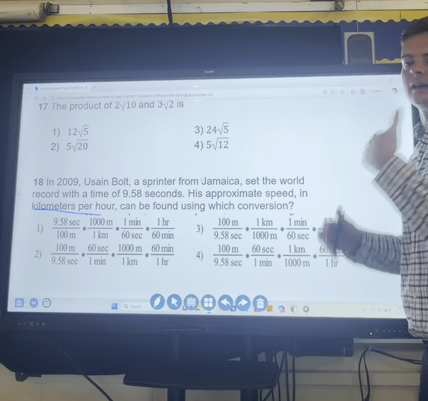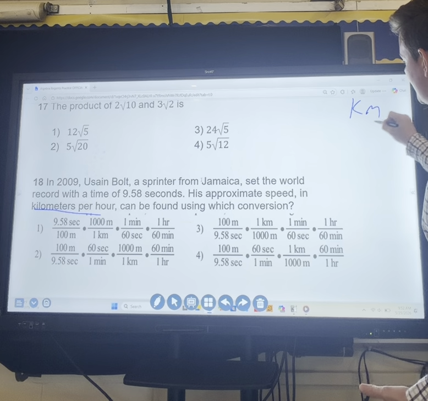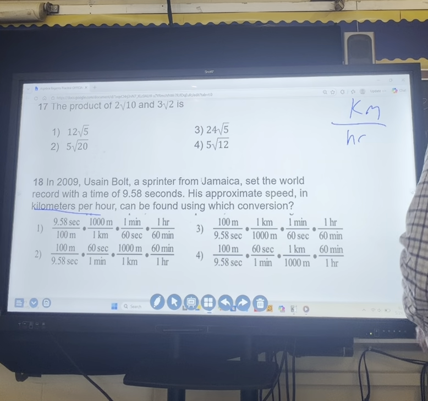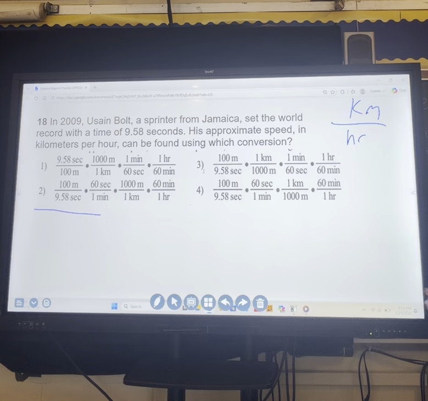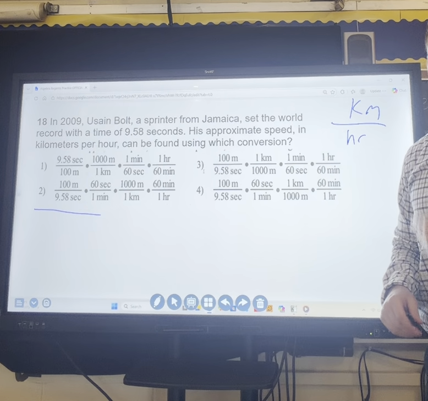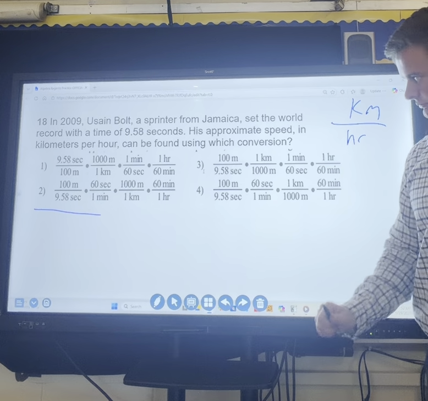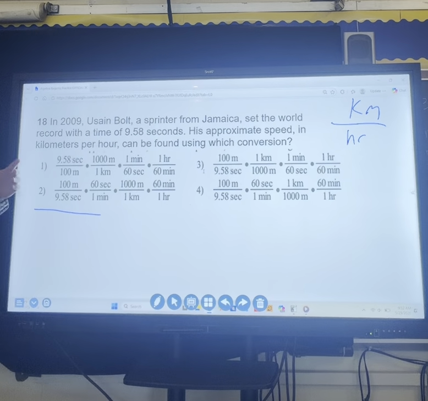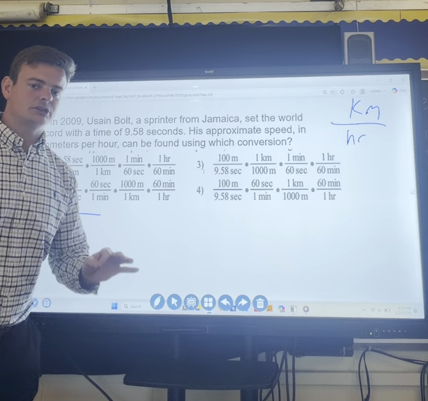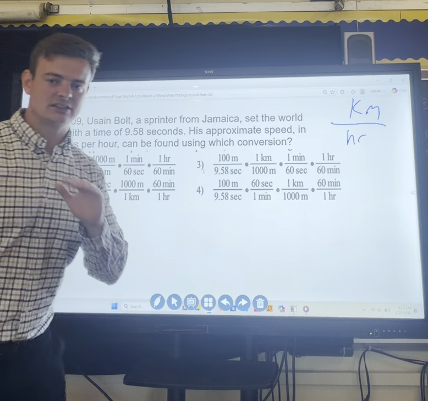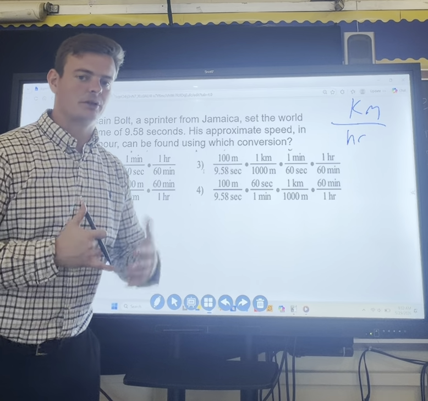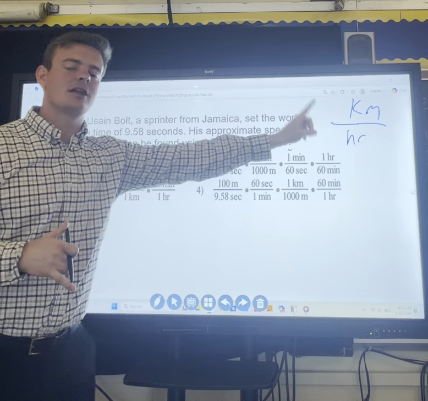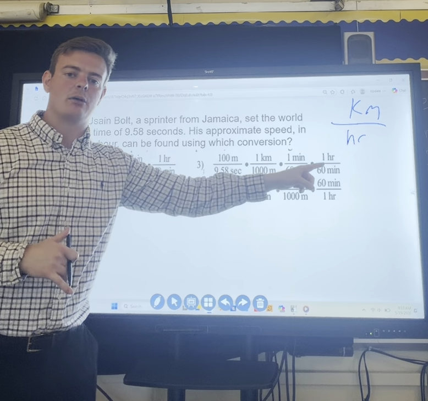I want kilometers per hour, right? So I need kilometers on top, hours on the bottom. Cool. When you have these conversion questions, it's best to just start crossing things off and see what you're left with. So I need to make sure I'm left with kilometers on top, hours on bottom.